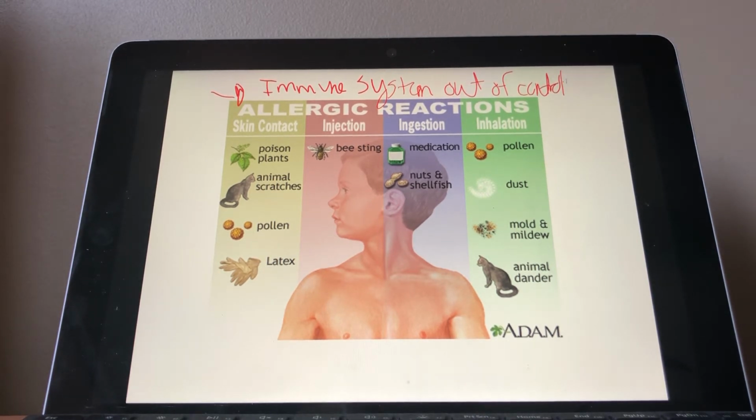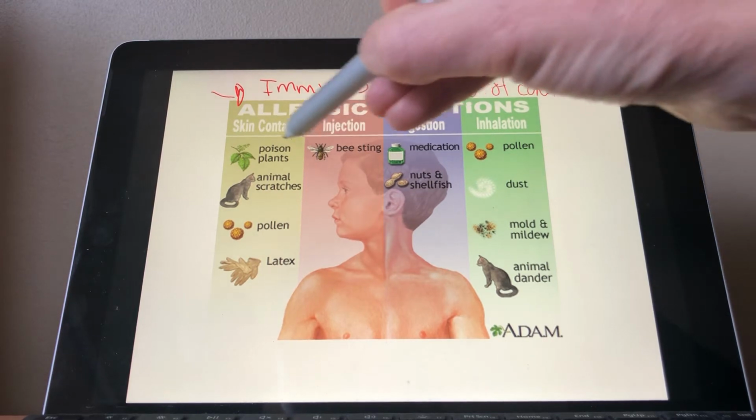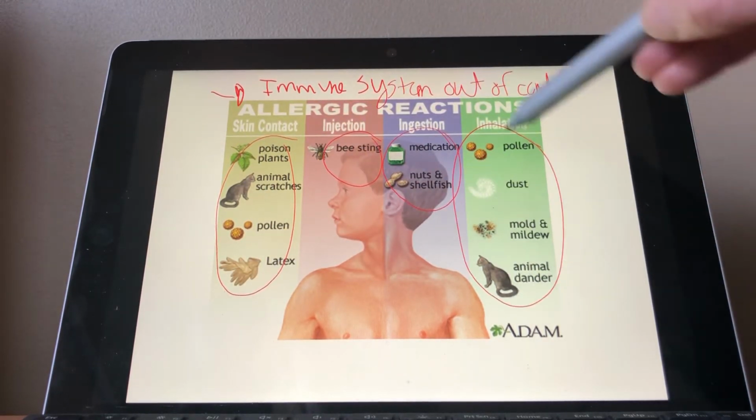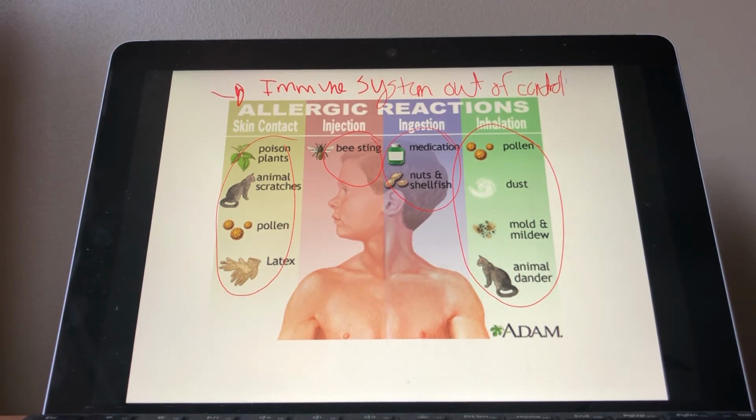And for some reason, some people have a hypersensitive immune system, which means that all of these things, these are just some different examples, there's many of them, but these are kind of the most common ones. These are not harmful most of the time, right? But your body, for some reason, thinks that they are harmful.